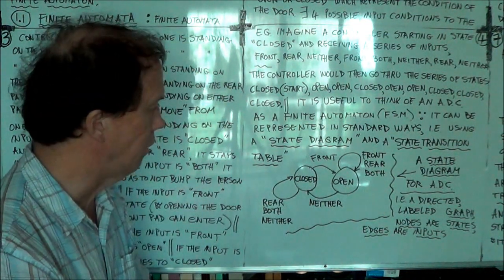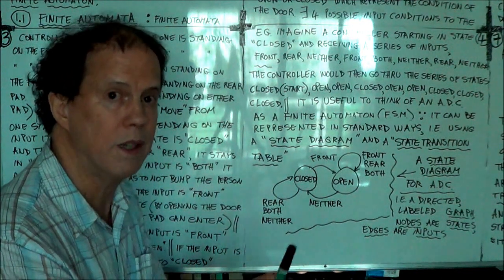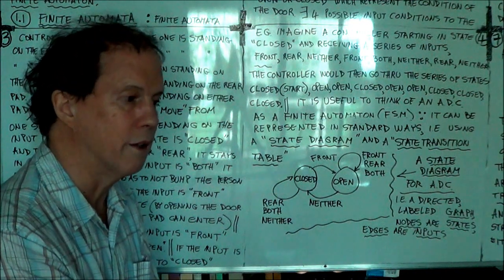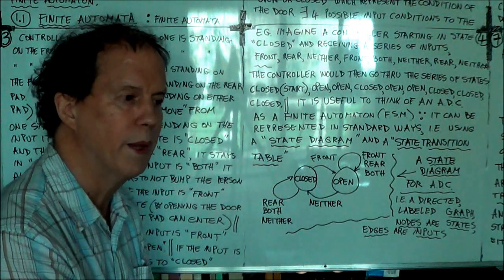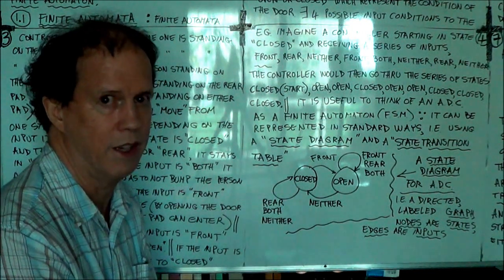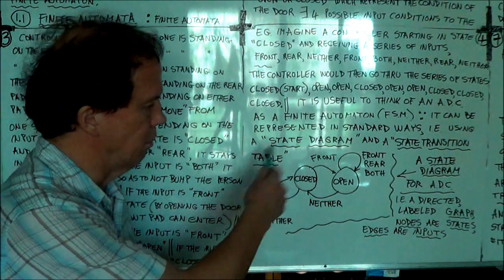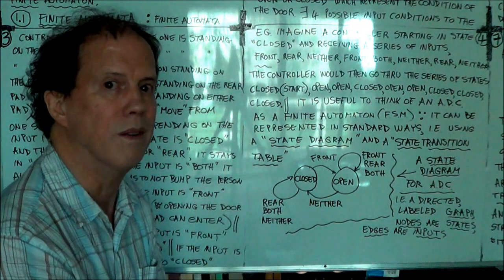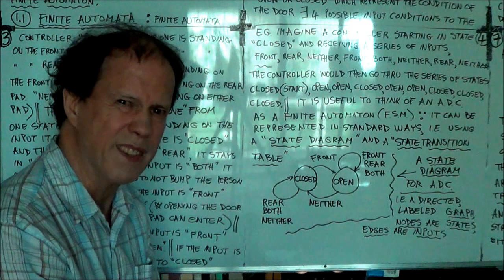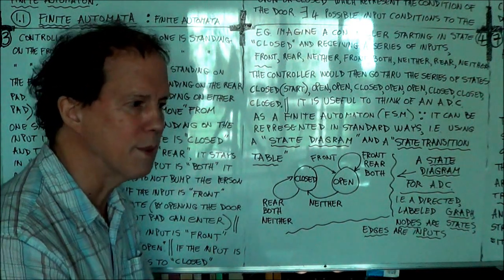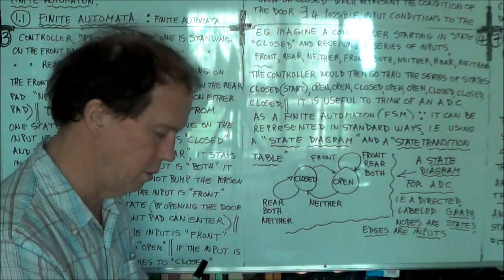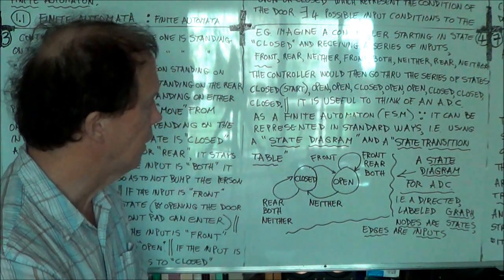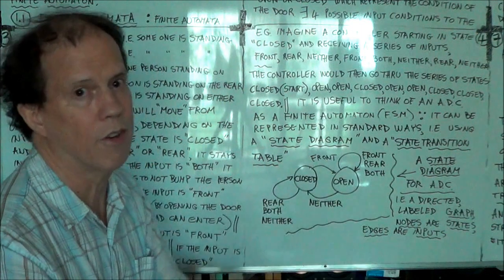And what is a state diagram? It's a graph, right? So you need to understand basic graph theory, and we did it in fairly elementary form. The graphs used in this whole course are pretty simple concepts, but very useful, very powerful mathematical techniques. So a state diagram is a graph.